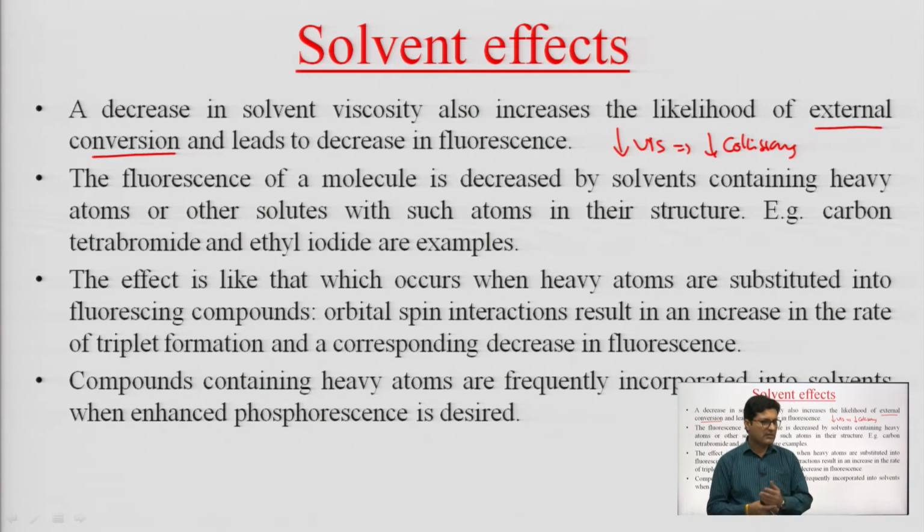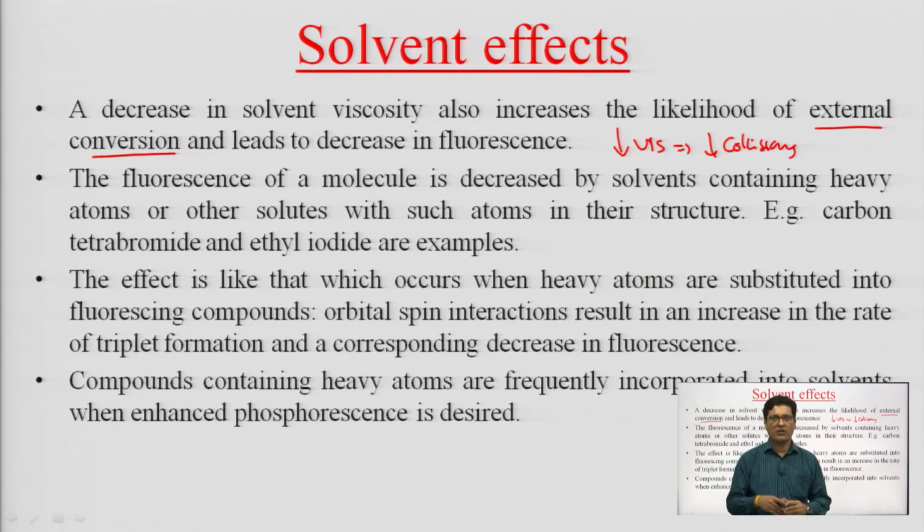and the effect is like that, which occurs when heavy atoms are substituted into the fluorescent compounds. The orbital spin interactions result in an increase in the rate of triplet formation, and this decreases the fluorescence. So, compounds containing heavy atoms are frequently incorporated into the solvents when enhanced phosphorescence is desired.